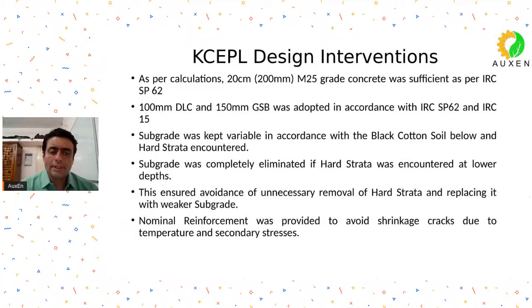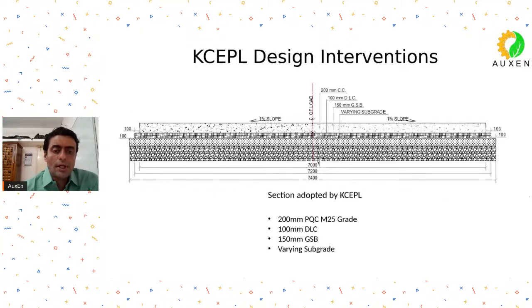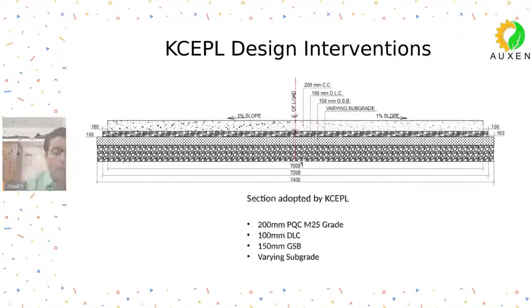Most of our pavements are provided without reinforcements, isn't it? But there are IRC publications which provide guidelines to provide reinforcement also if you want to do so in a pavement. Those are called continuously reinforced concrete pavements, CRCP. So we also provided some nominal reinforcement. This is how our cross section looked.